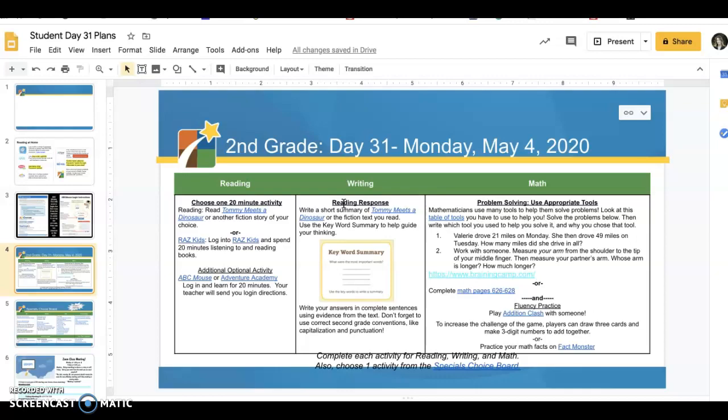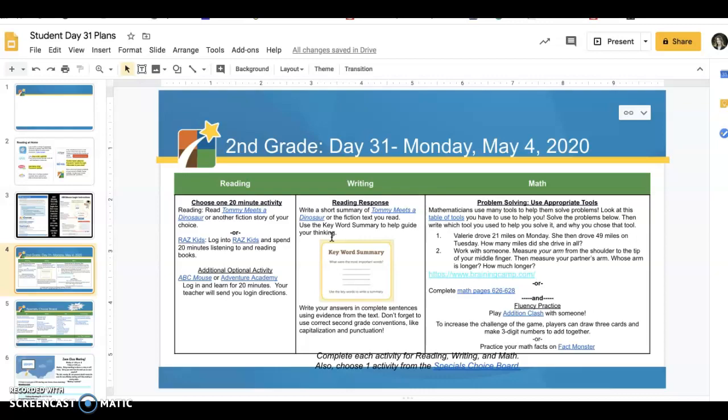For writing today, you are going to write a short summary of Tommy Meets a Dinosaur or of the fiction text that you read. Now, a summary is the same as a retell of a story. So a summary is basically saying what happened in it. And then you are going to use the keyword summary to help guide your thinking. Whenever we're retelling or writing a summary, it can sometimes feel overwhelming with the whole story.